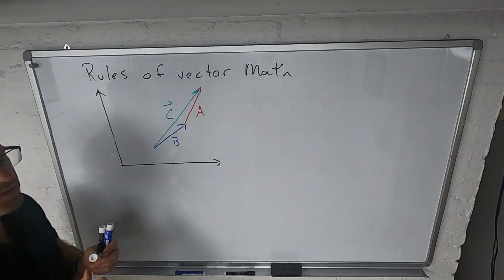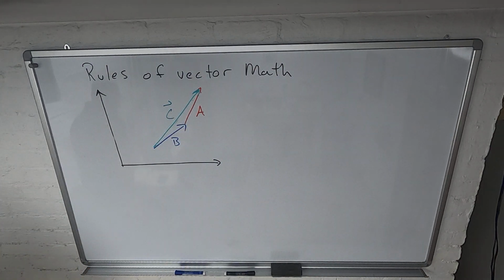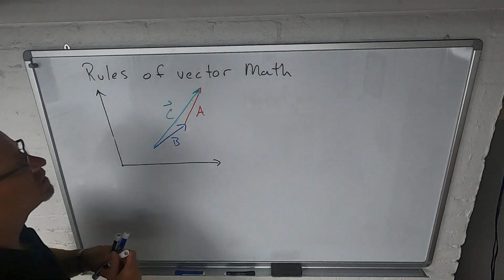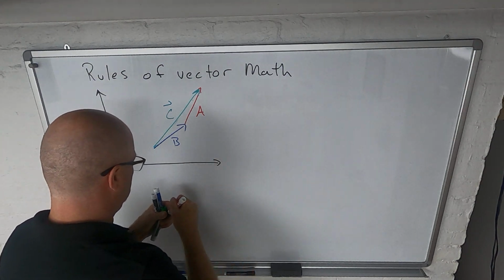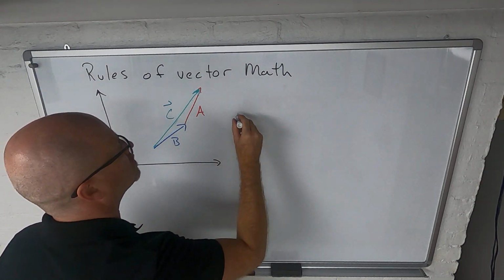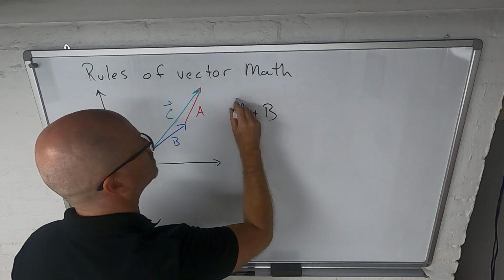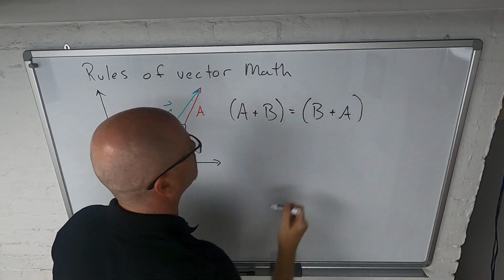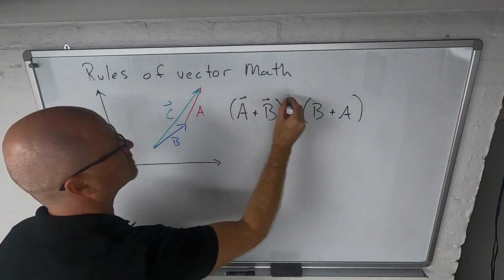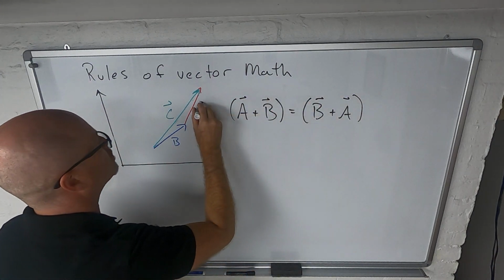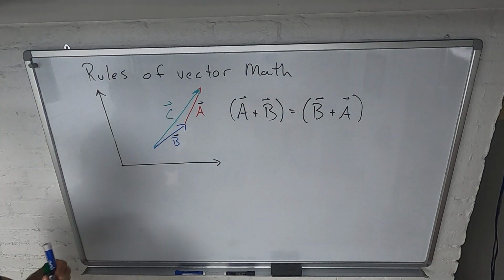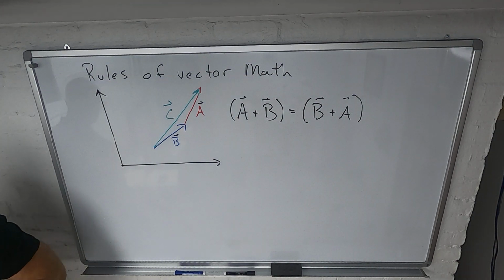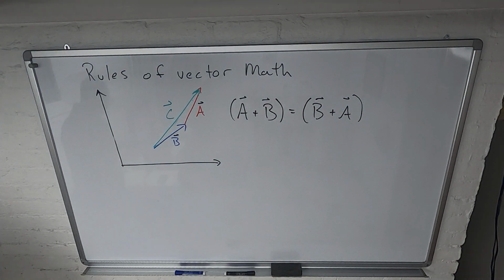The resulting vector would still be C. So we can state that A plus B is equal to B plus A, with vectors, of course. So everybody adds together in a way that commutes.